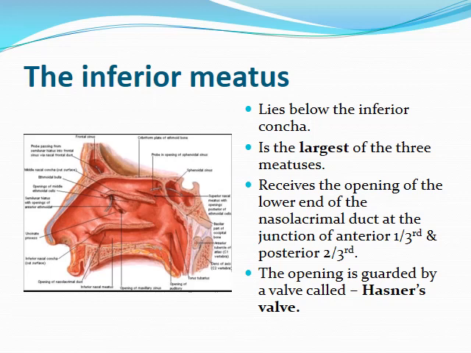This opening of the nasolacrimal duct is guarded by a valve called Hasner's valve. So though largest, the inferior meatus receives only the opening of the nasolacrimal duct, and the middle meatus is important because it receives the openings of four paranasal air sinuses.